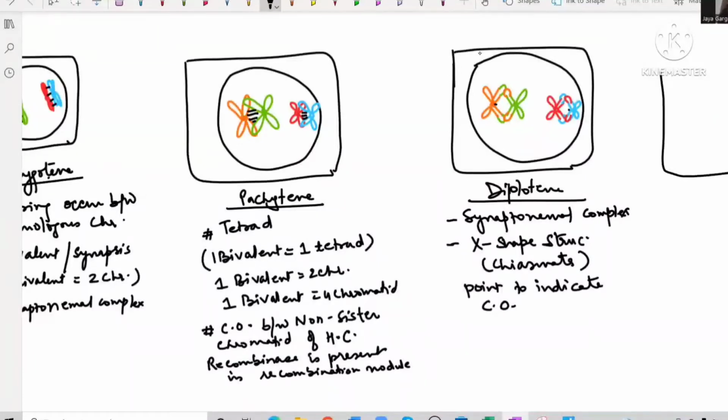Now in diakinesis, what is going on? In diakinesis, nuclear membrane will completely disappear. Chiasmata is trying to reach to the tip. Terminalization of chiasmata we have to show. So you have to just make it attached to the tip only, because terminalization we have to show.